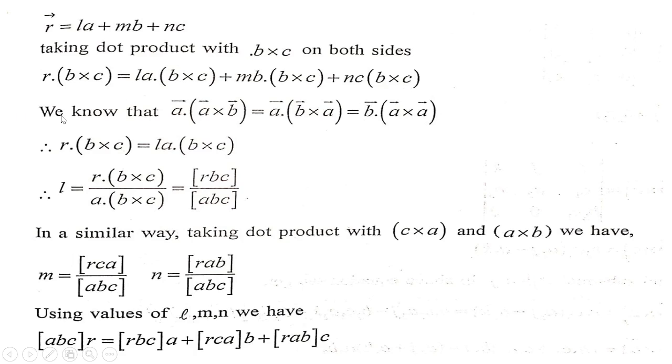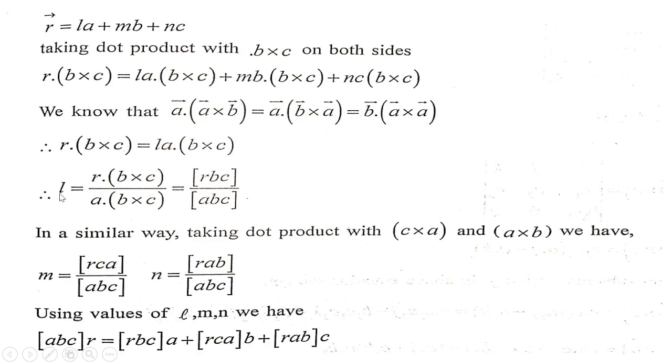So we know that A bar dot A bar cross B bar equals A bar dot B bar cross A bar equals B bar dot A bar cross A bar. So using this, R dot B cross C equals LA dot B bar cross C bar.